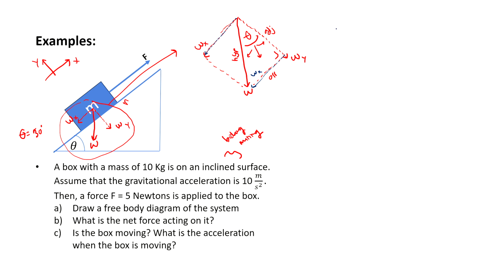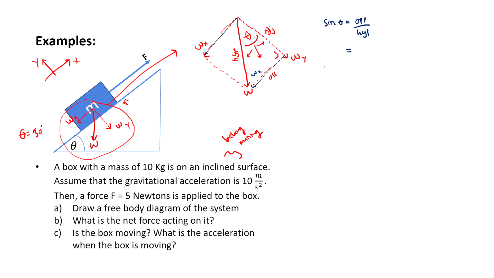Based on the trigonometric ratio, sine theta is equal to opposite divided by hypotenuse. Opposite is depan and hypotenuse is miring.